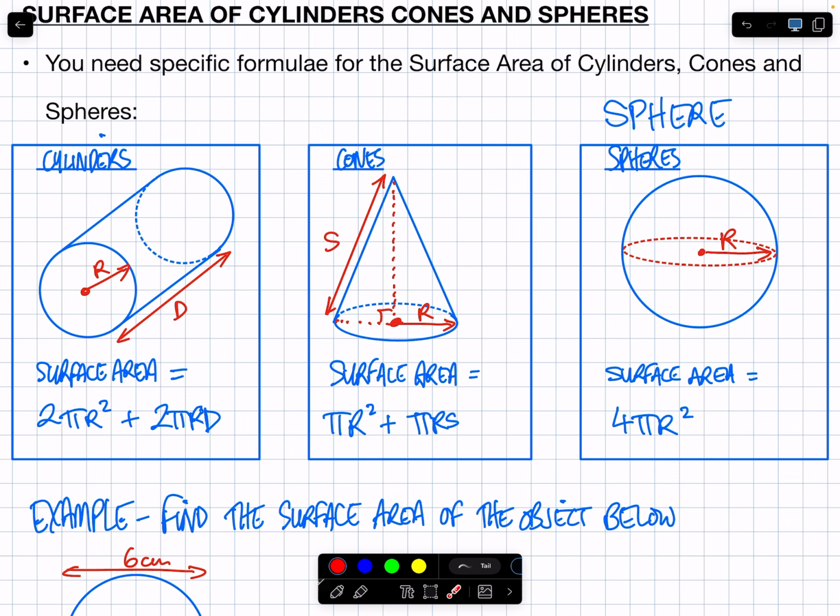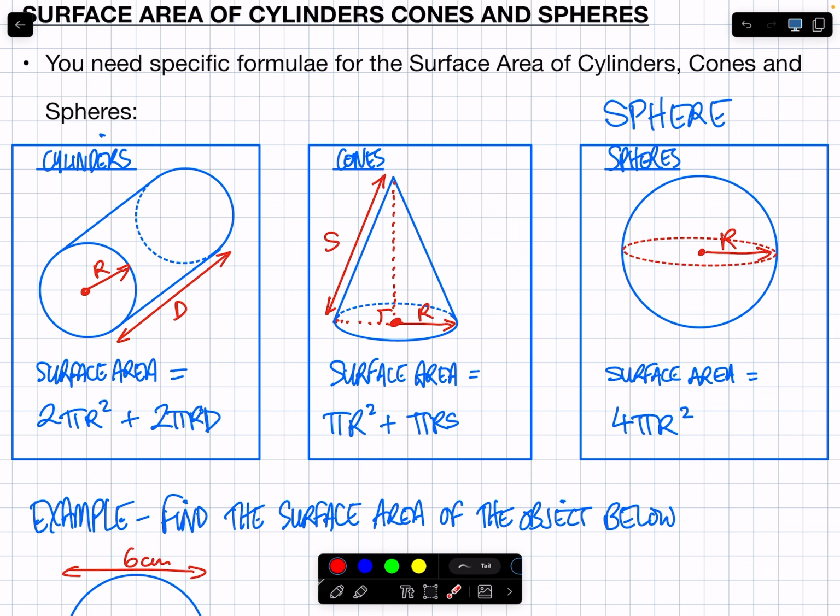All right, let's go over. What is a cone? A cone is the curved section. What is on the bottom of a cone? What shape? A circle. So why is the formula this way? You've got the area of a circle, pi r squared. The area of the cone shape is pi r s. What is s? It's the diagonal line there.